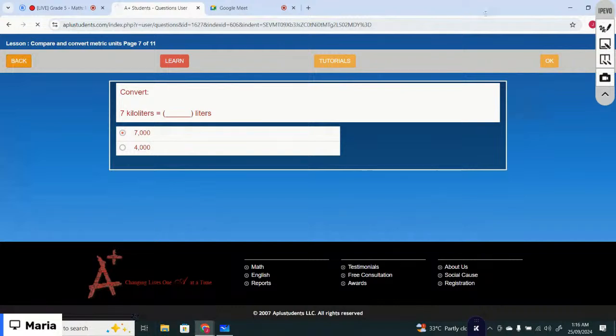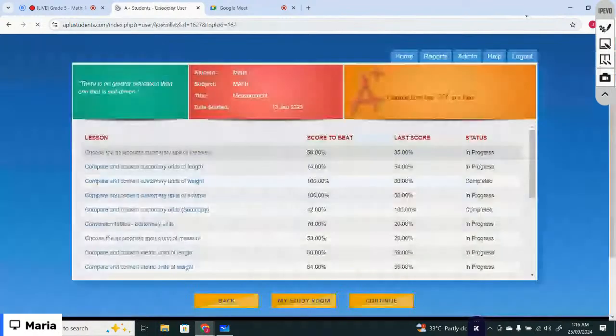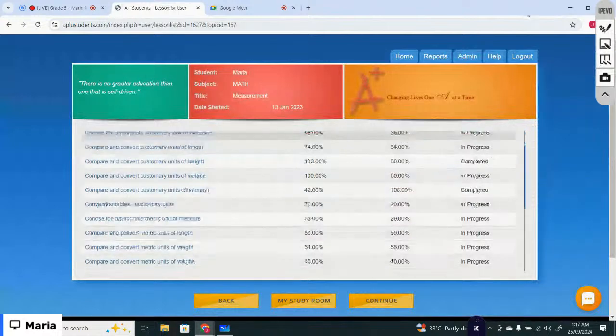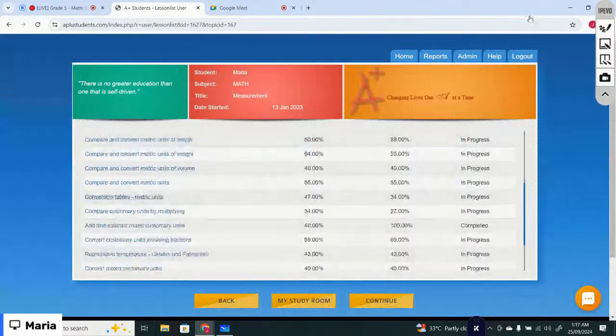Okay, the next lesson is conversion tables metric unit.